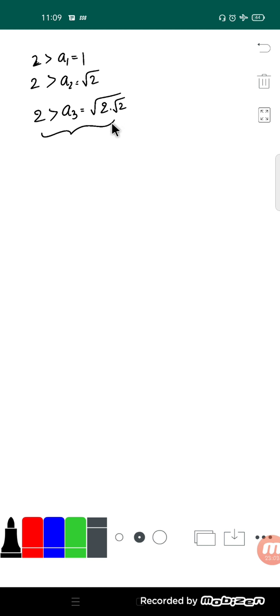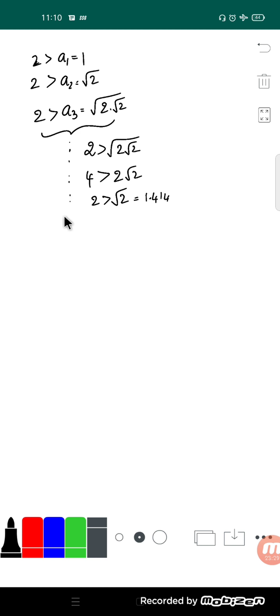How do we know this? Let's see if 2 is greater than square root of 2 root 2. Squaring both sides, you get 4 is greater than 2 root 2. Divide by 2, it gives 2 is greater than root 2, and you know this value is 1.414. So this holds, and I am proposing that 2 is an upper bound of this sequence.